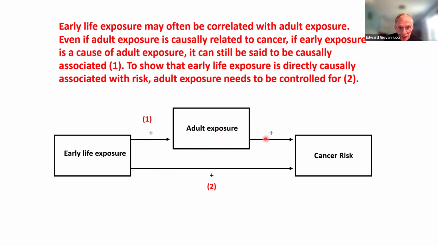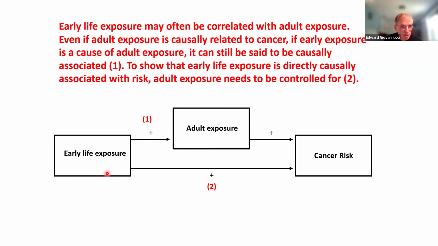And let's say the adult exposure is associated with cancer directly. So that's where the etiologic time comes in; you can still make a case that this is relevant for carcinogenesis, even if early life itself is not the causal factor. It just causes, in a sense, a predisposition to be exposed in adulthood.